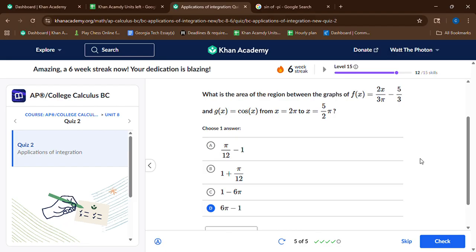Let's graph these equations. y is equal to 2x over 3 pi minus 5 over 3.